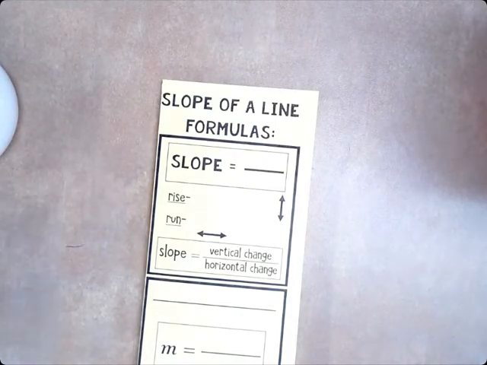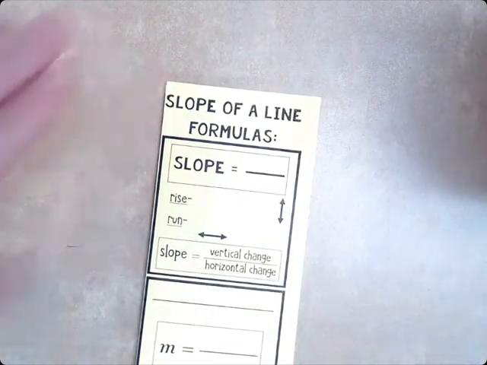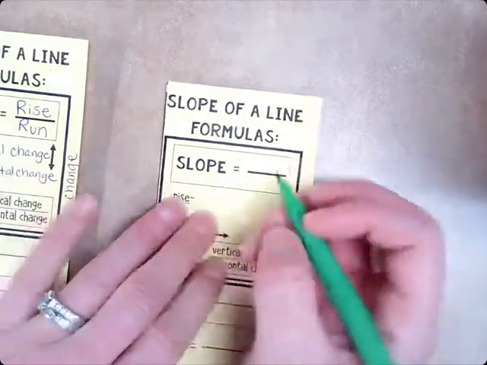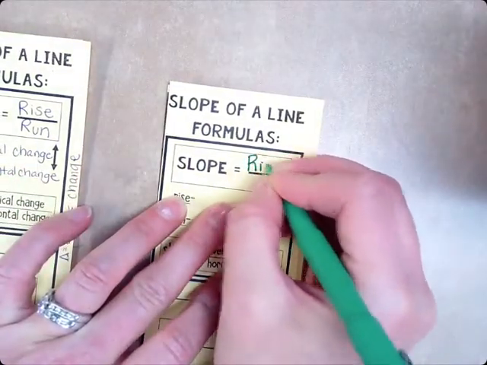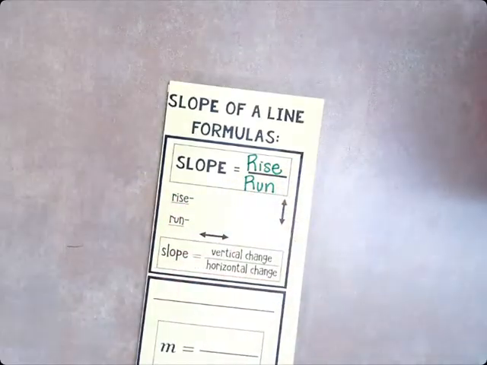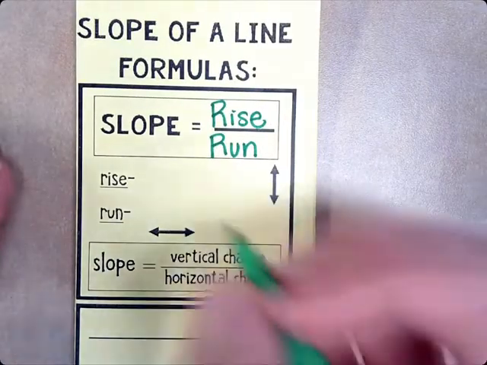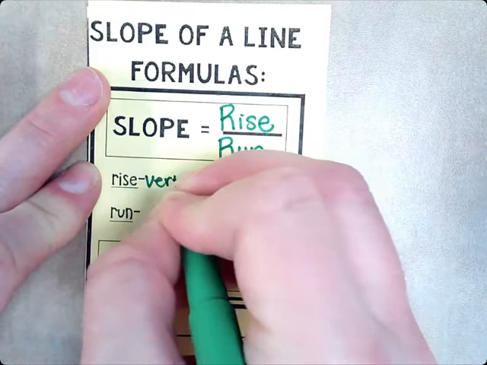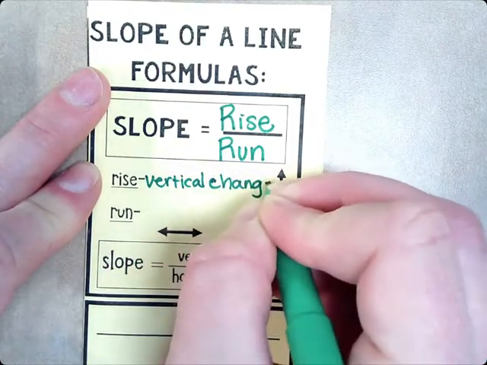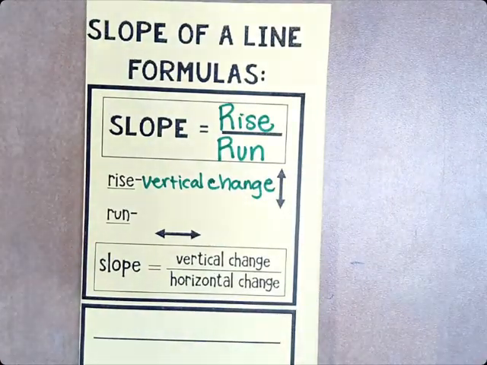So let's talk about slope of a line. The first topic that we're going to do is slope from a graph, which we learned about yesterday and the day before. Slope is found by doing rise over run. Remember, rise is the vertical change. So you start at the leftmost point, and then you either go up or down.